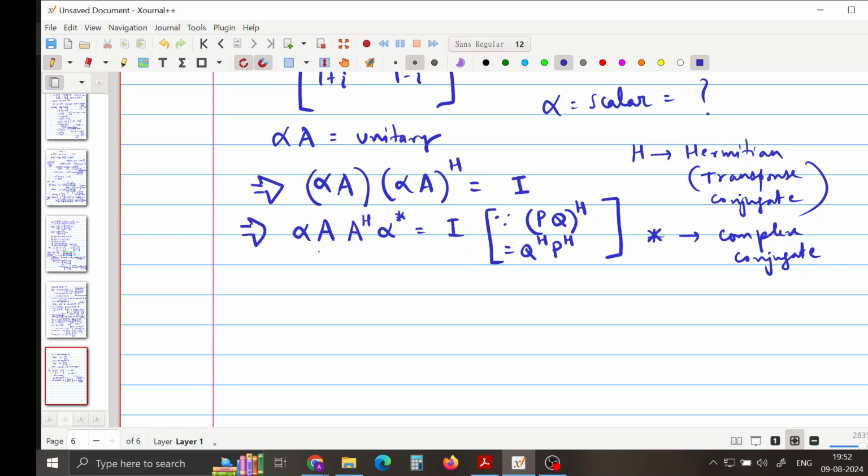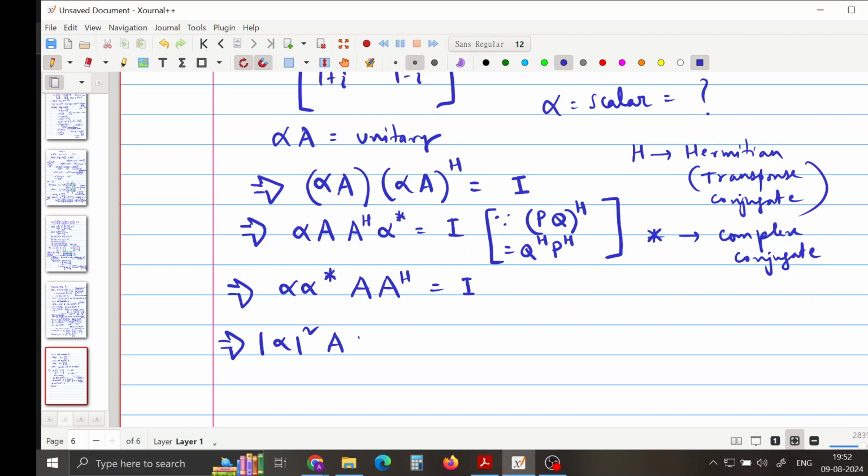Now what do we have here? Alpha and alpha star are scalars, so you can club these two together. Let me bring them ahead, and this thing is equal to identity. What is alpha times alpha star? It's simply the magnitude square of alpha. And let's find this A Hermitian.